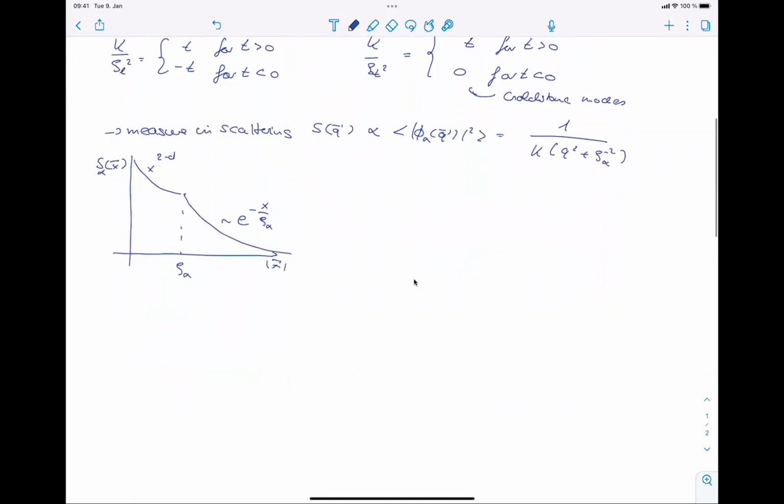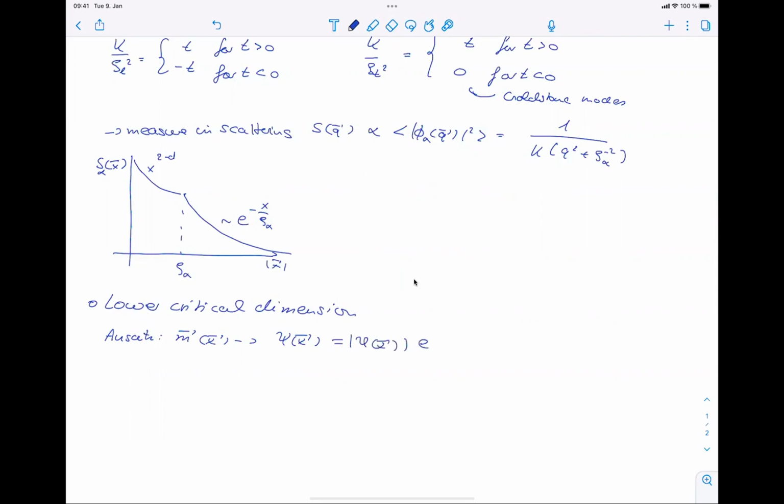And then we looked further into the role of fluctuations to determine both the lower critical dimension and the upper critical dimension. For the lower critical dimension we took a different ansatz in the role of fluctuations. Namely, we described the magnetic field as a field that has a constant amplitude and an angular dependence only that now depends on x.